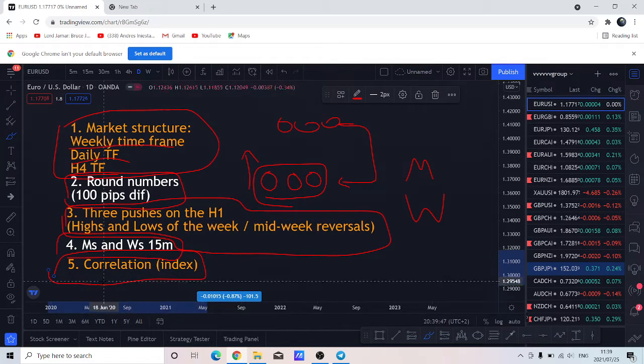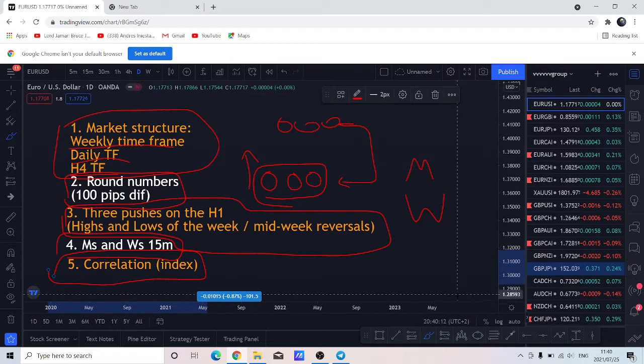Then for correlation, I use it also for entries, to avoid unnecessary losses and to make sure the trade is going to go in my favor. I use this platform to give me the numbers that are telling me that yes, for sure, I'm going to win on this one.